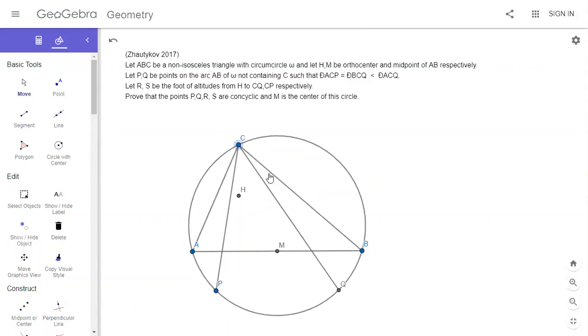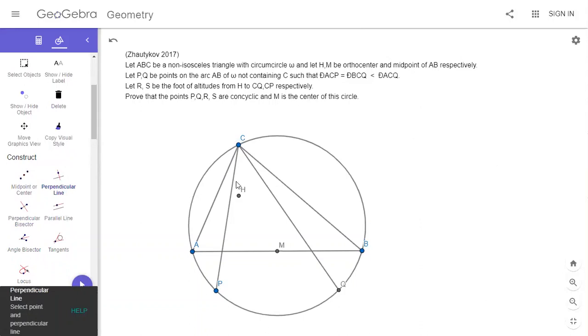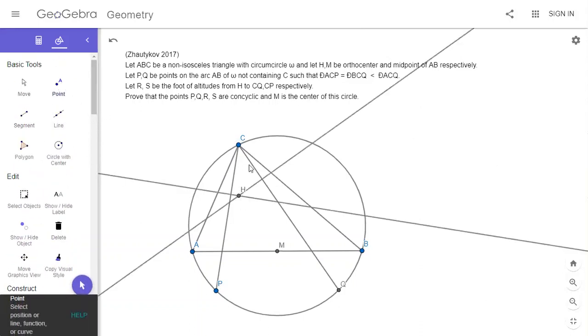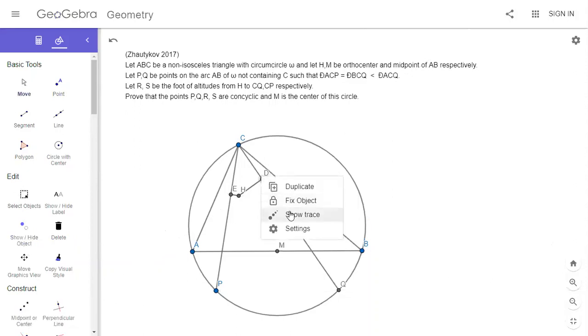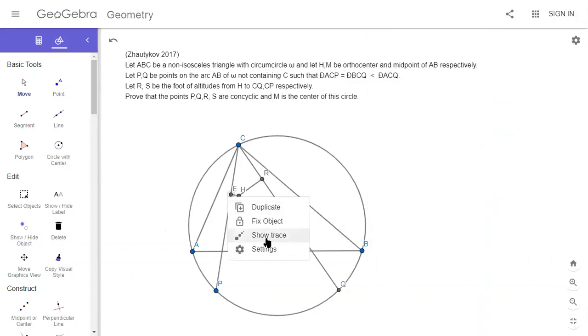R and S are the altitudes from H to CQ and CP. Okay, that's interesting. I'll relabel them R and S. Yeah, I wish there was like an altitude tool in GeoGebra, but you have to draw the perpendicular line and then do all this.